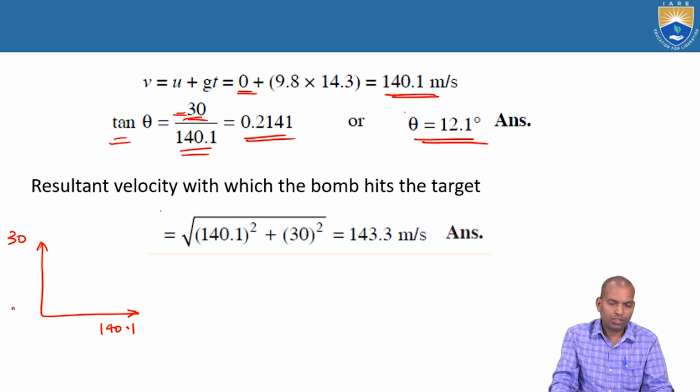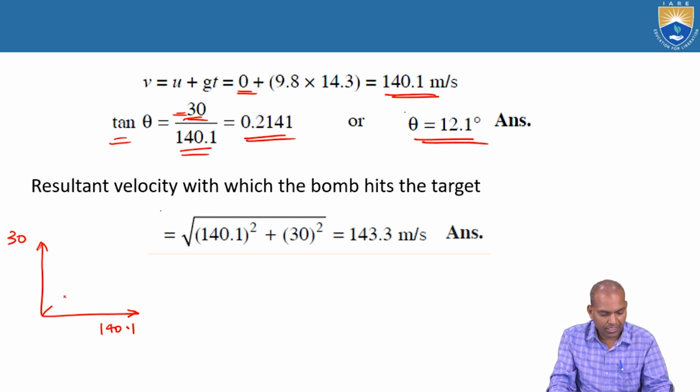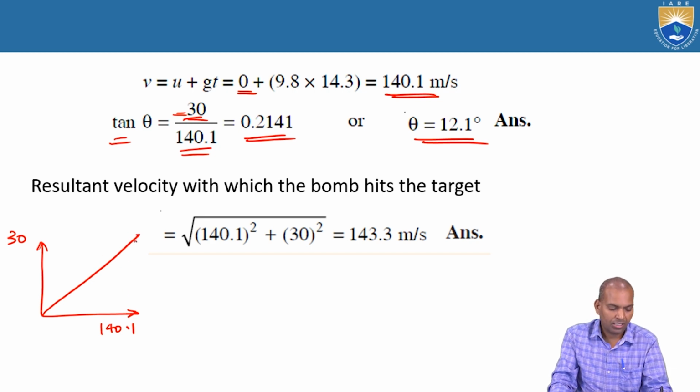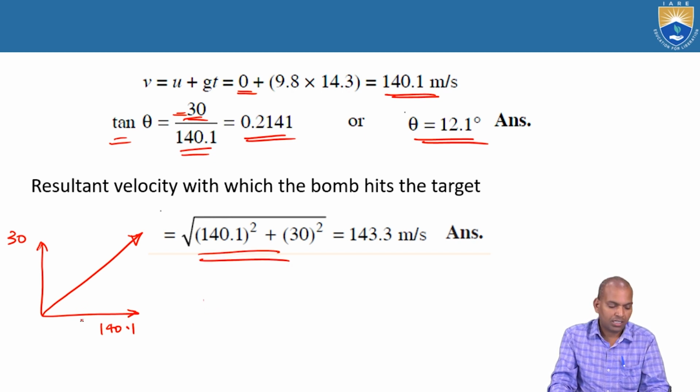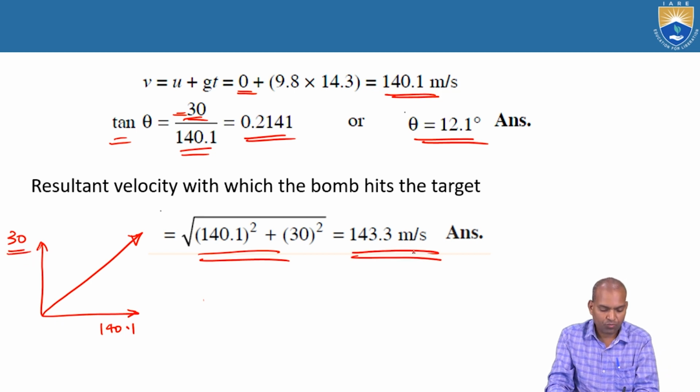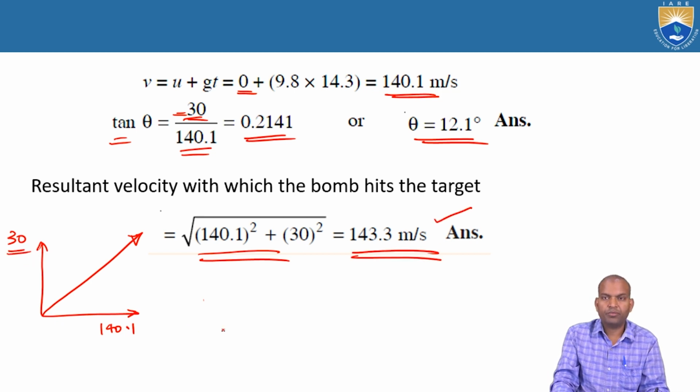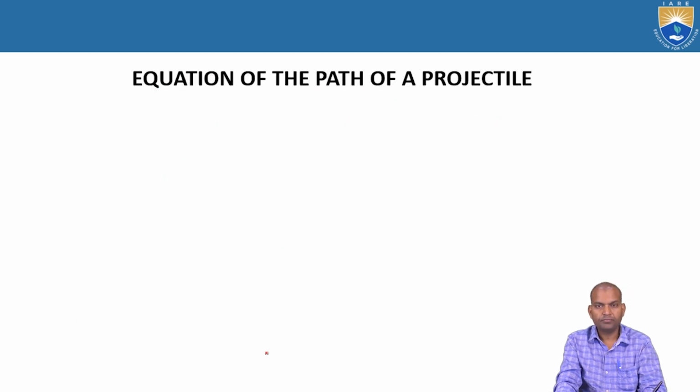The resultant velocity with which the bomb hits the target is the square root of p square plus q square, that is the square root of 140.1 whole square plus 30 whole square. That's 143.3 meters per second. That is the resultant velocity.